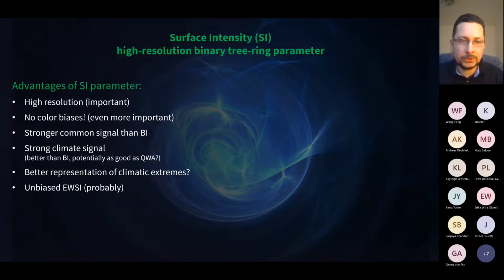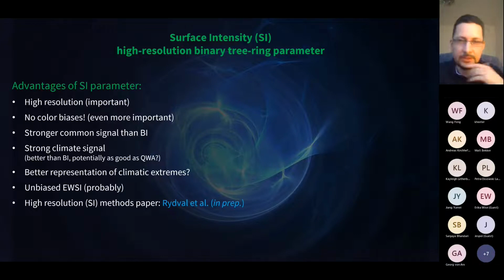We can maybe also use it to develop an earlywood surface intensity version of this parameter, which would also not be biased by color and light intensity differences. A lot of this is explored in a paper that I'm putting together and in the final stages of preparing right now, so hopefully this will be done relatively soon.